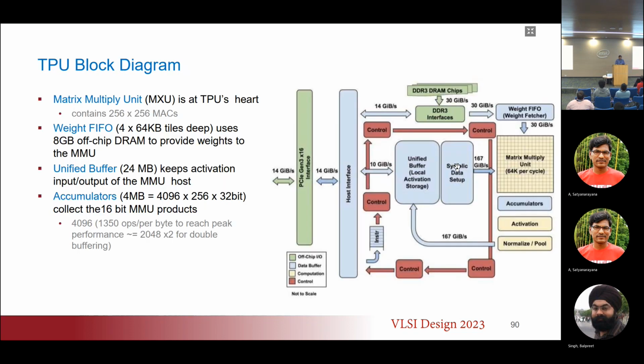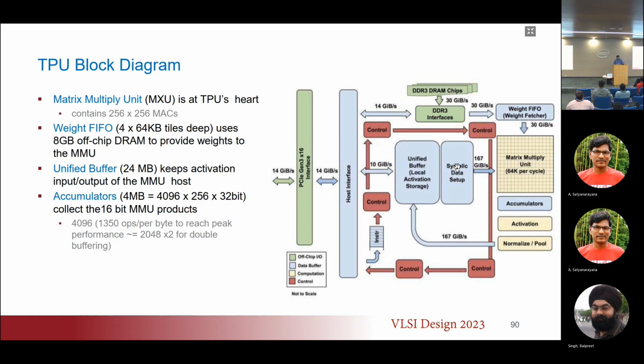And so in terms of the architecture that they did, the weights were coming through a FIFO, first in, first out buffer. And then at the core of it was a matrix multiply unit, or MXU. And the MXU was able to do 256 by 256 multiplication.